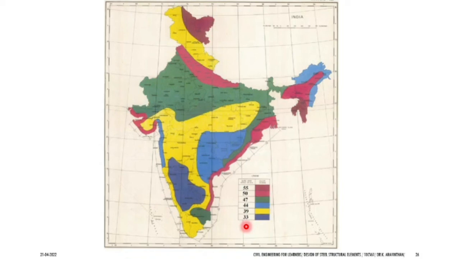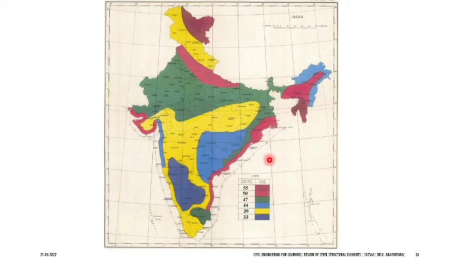Okay, what is the worst place? The pink color is the worst place, where you have the maximum wind in India. What are those places? The Andhra Pradesh area, and you have Kolkata, that is West Bengal, Chennai, Pondicherry, these areas you have high possibility of wind.